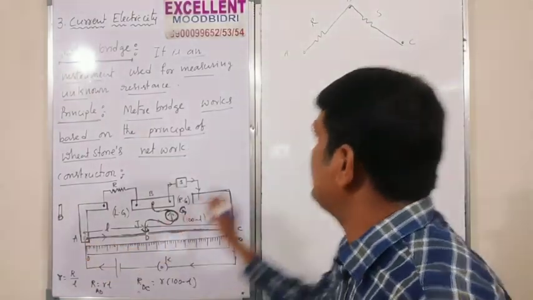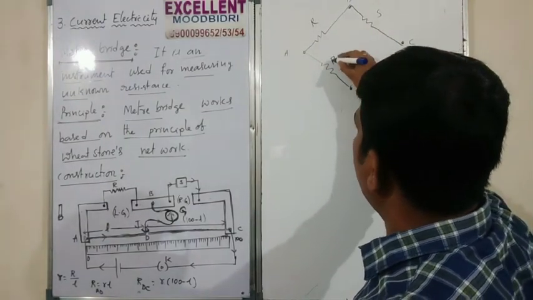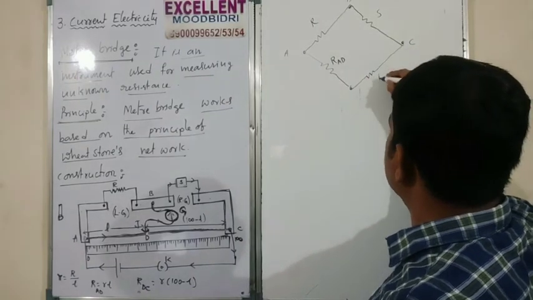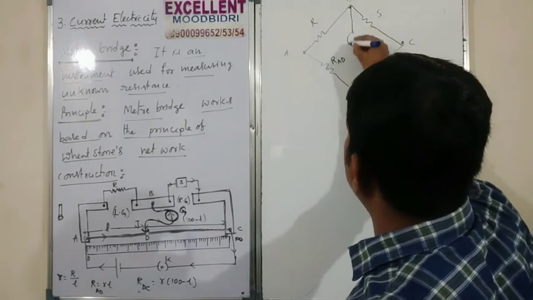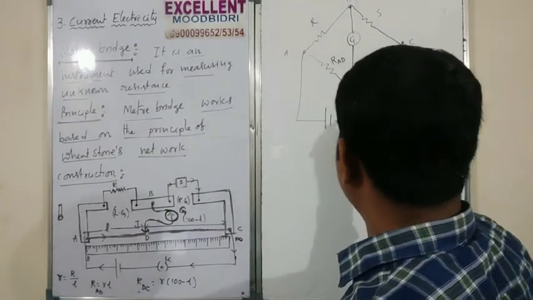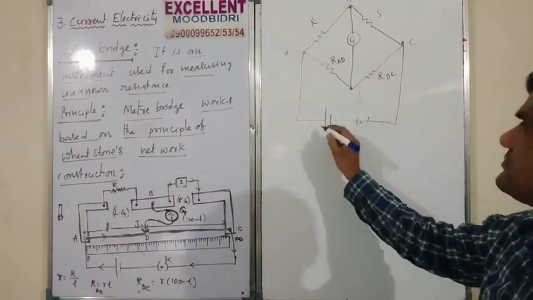Next, A to D is RAD, and here the resistance is RDC. Here is the galvanometer. This is the same as a Wheatstone bridge only, correct?